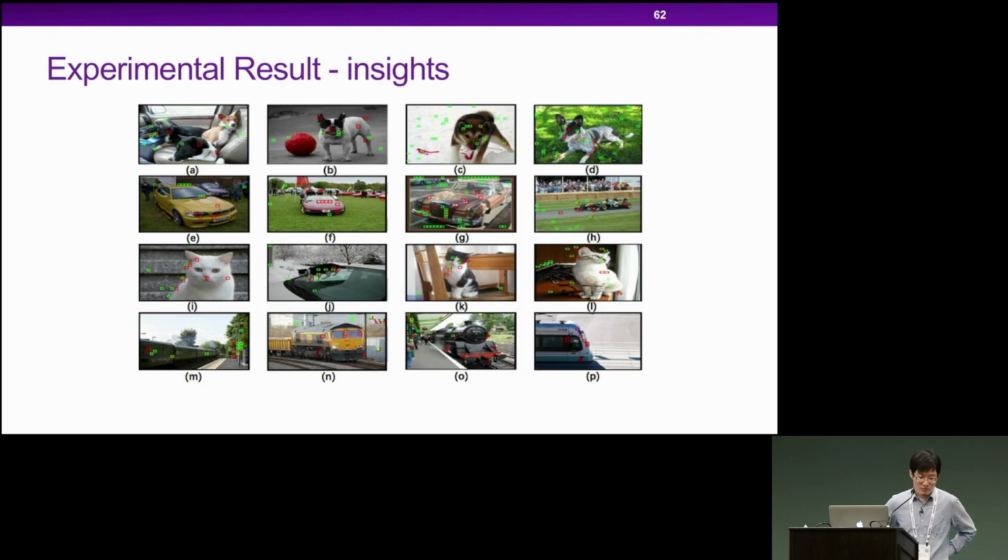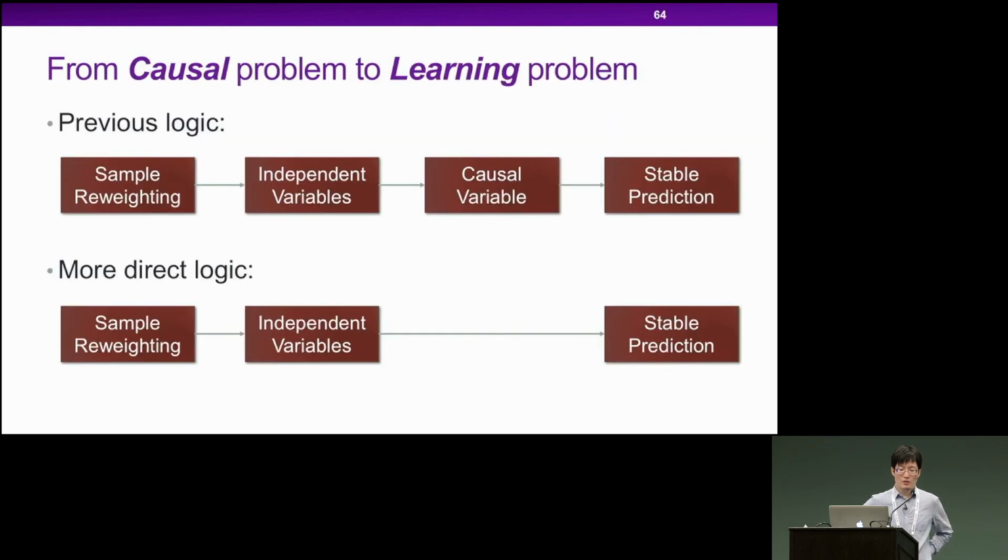Okay, so we want to go further. In the past, all of these previous works started from the causal problem and tried to move to learning. Another way to think about this problem is to think from the learning end and ask why the learning model is not stable here.